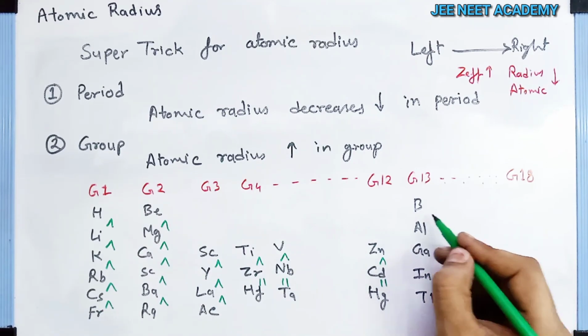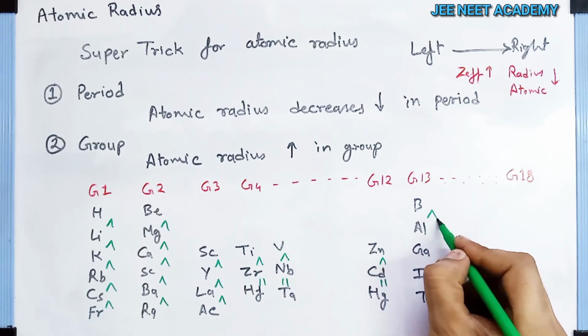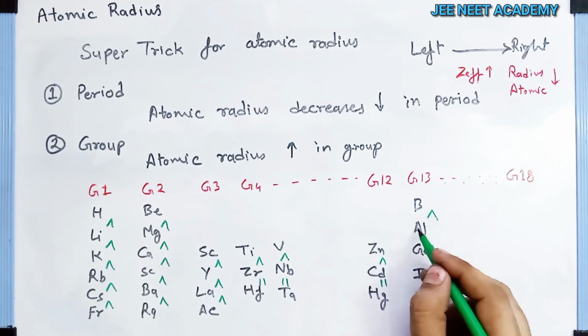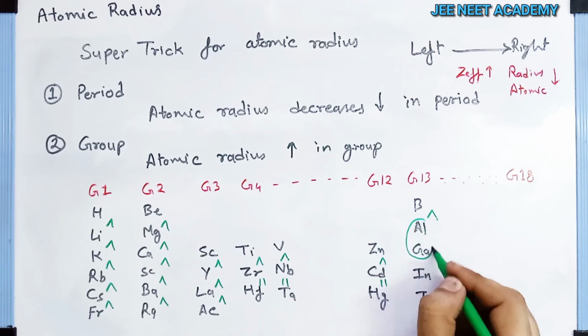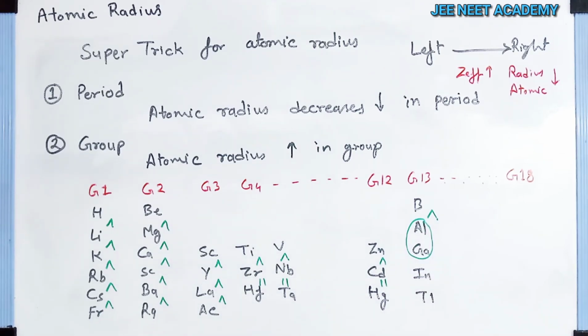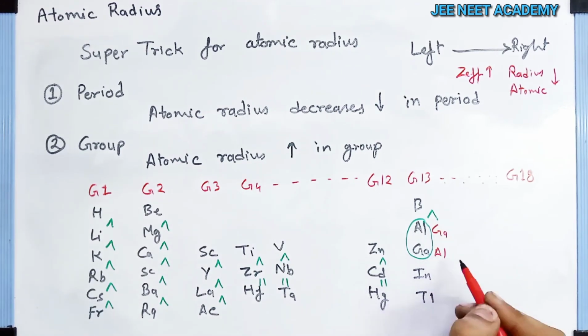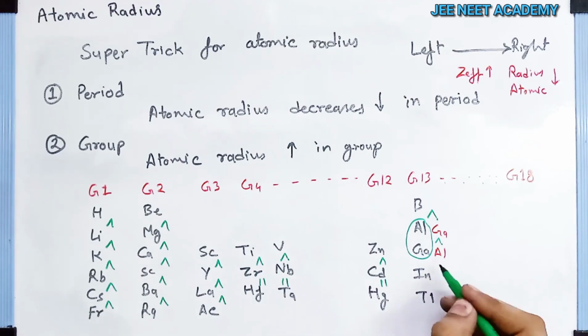Boron will have the least atomic radius, but then this order will change, and the order here will be gallium, then aluminium, and then indium.